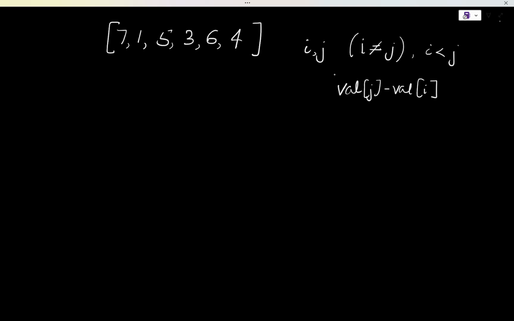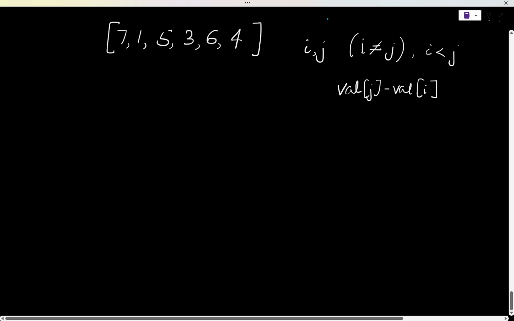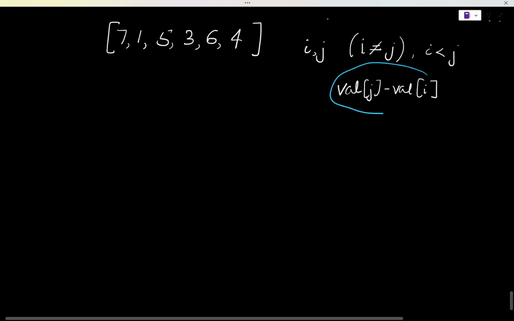Now, if I observe here, let me pick blue for this. If I want to maximize this, it obviously makes sense to minimize this. We want to minimize the purchase price as much as possible. Think of it in a real life scenario as well.